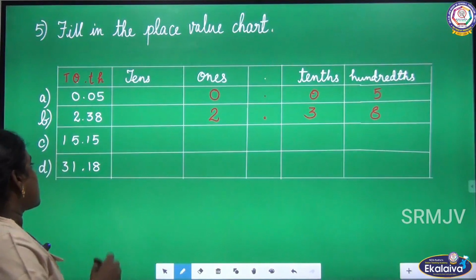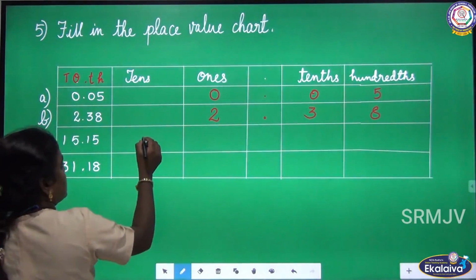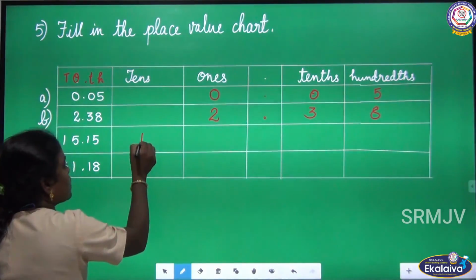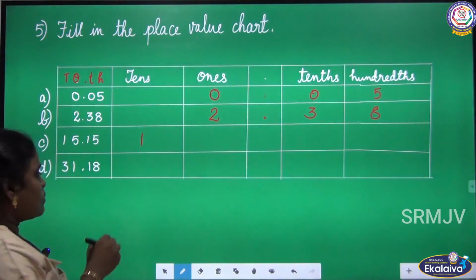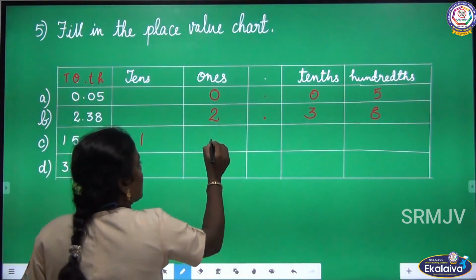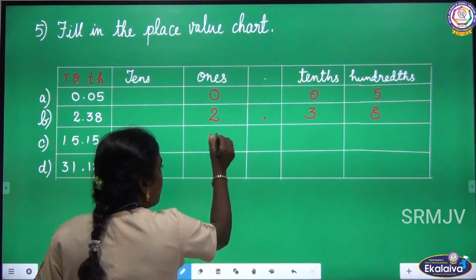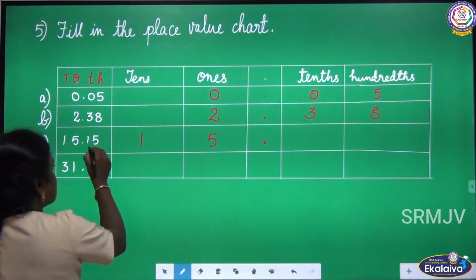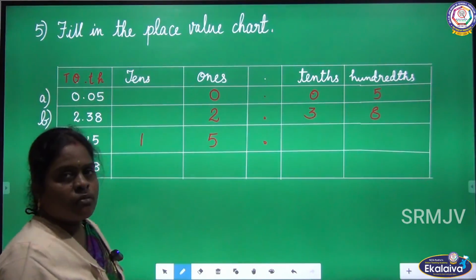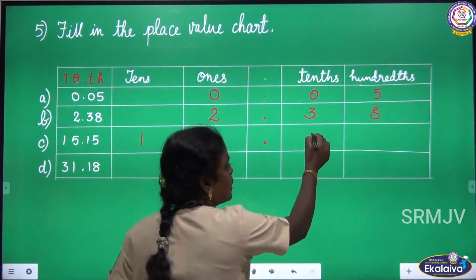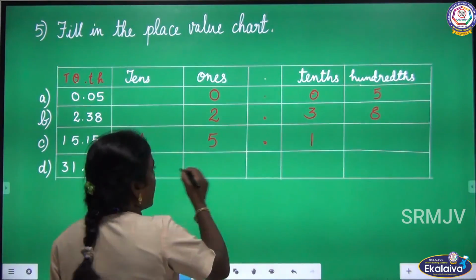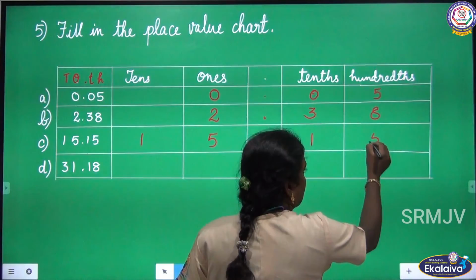Look at the next number, 15.15. So 1 is in tens place. Write 1 in tens column. 5 in ones column. Point. The decimal part is 1, 5. We should write 1 in tenths column and 5 in hundredths column.